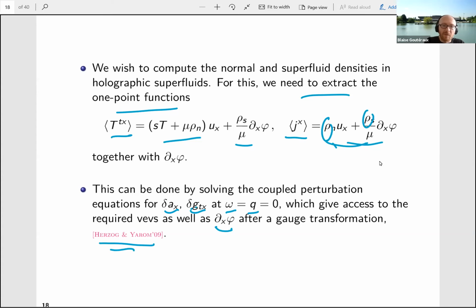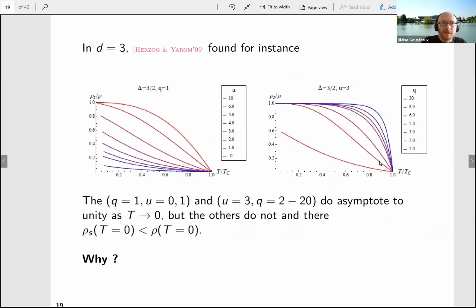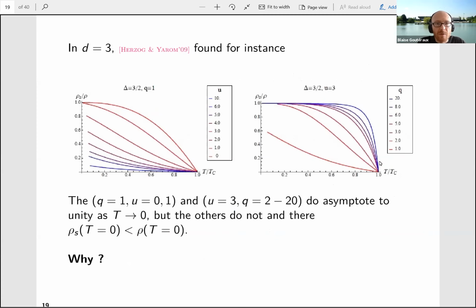So let's see what these people found. In 3 spatial dimensions, so for 5-dimensional gravity solutions, they computed, so here, I don't know if you can see very well, but this is rho s over rho in the vertical axis versus T over Tc. And there are varying parameters of the model, which are these U and Q. It doesn't matter what they are.